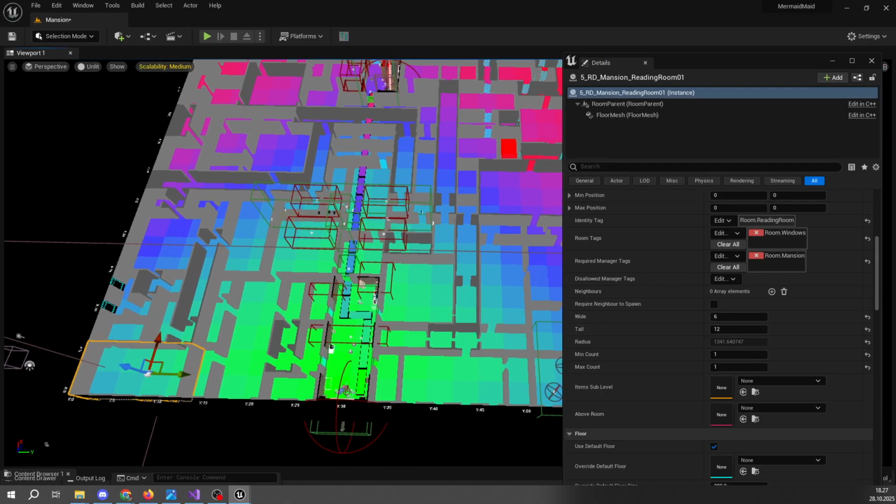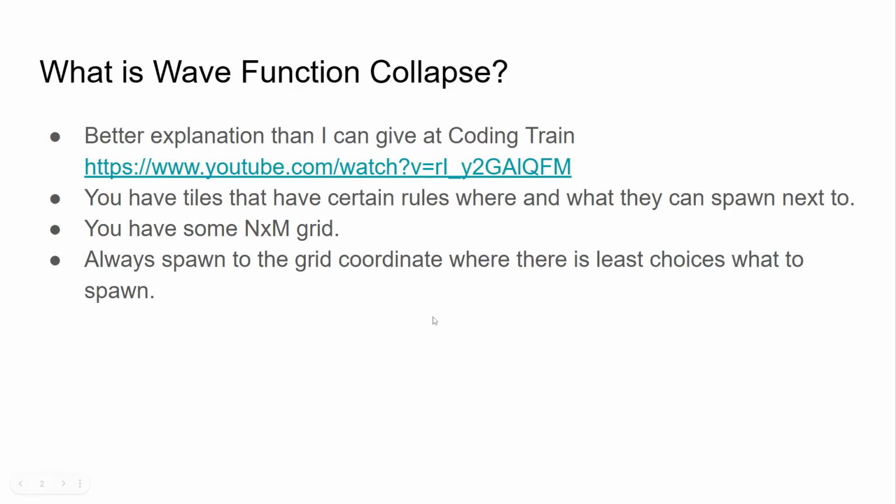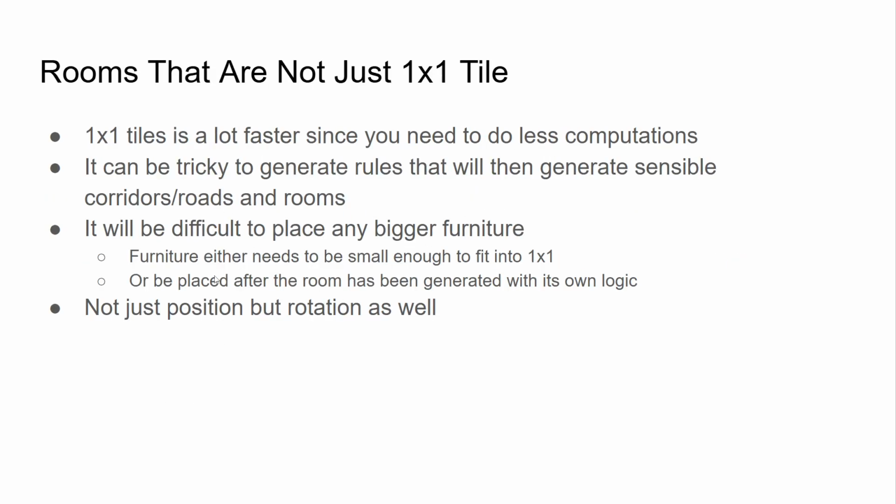The reason I made this system like this is because it allows me to define much nicer looking rooms than what I would be able to do with just generating each tile individually and then trying to make the rules so that it would generate rooms out of that.